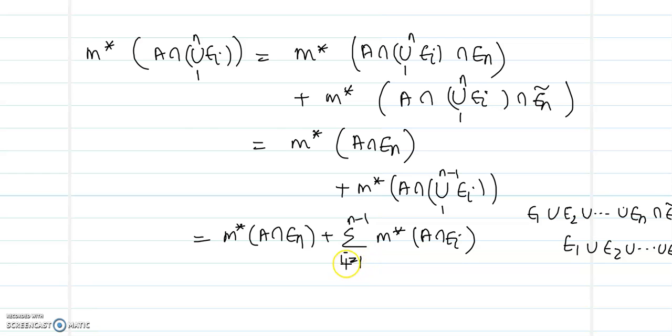Now here you have m star of A intersection En. So we can combine both the summations. So i will vary from 1 to n. So that will give summation i equal to 1 to n m star of A intersection Ei.